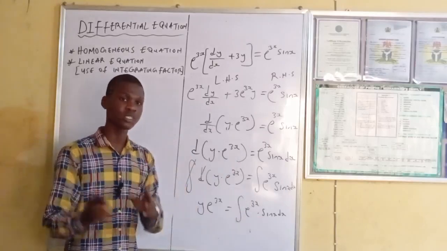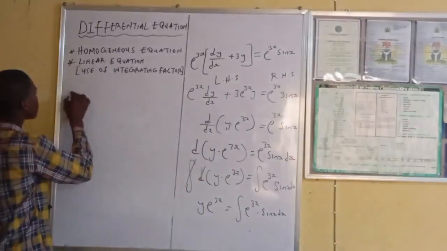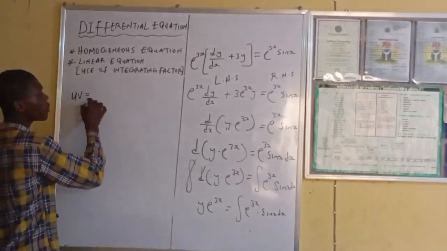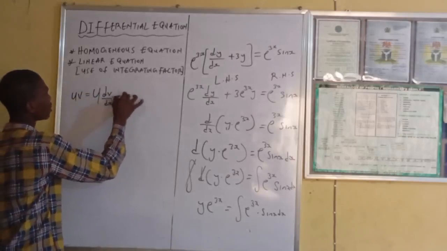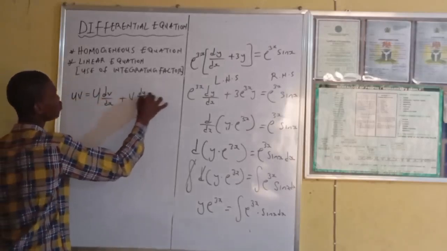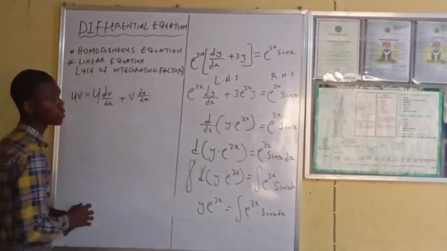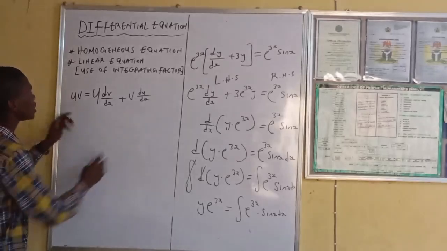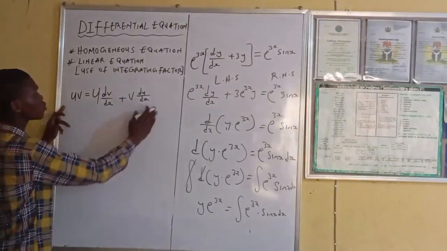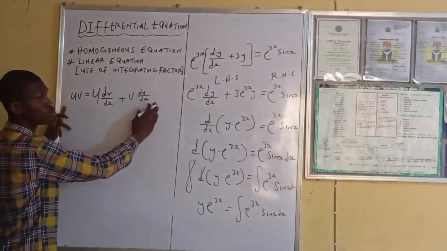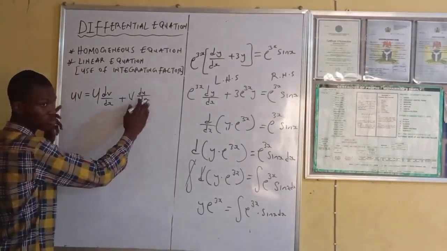And what we know in differentiation is that given the function uv, the formula is what? u dv over dx plus v du over dx. This is the product rule of differentiation. We are relating the product rule of differentiation to integration by parts.